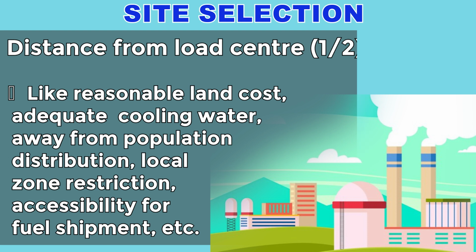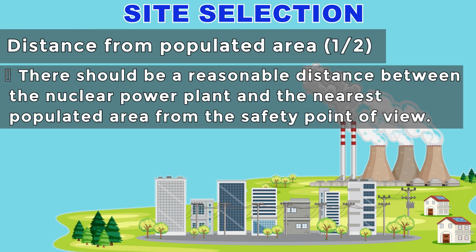The next site selection factor is distance from populated area. As we know, the fuel used in a nuclear power plant is radioactive material like uranium, thorium, etc. Though we take all safety measures, we cannot make the environment around the power plant radioactive free.